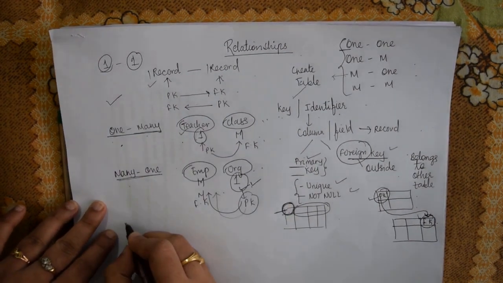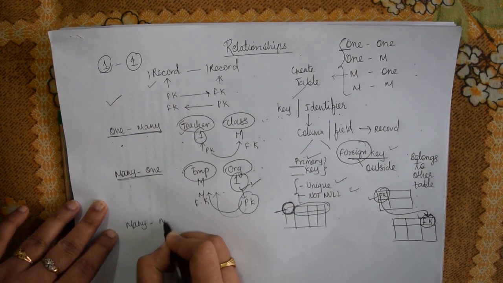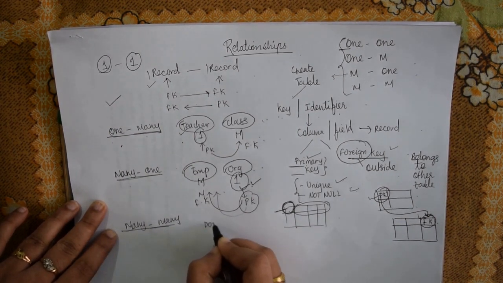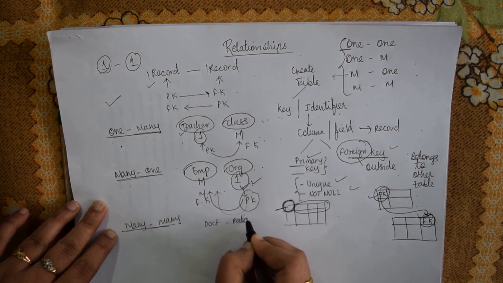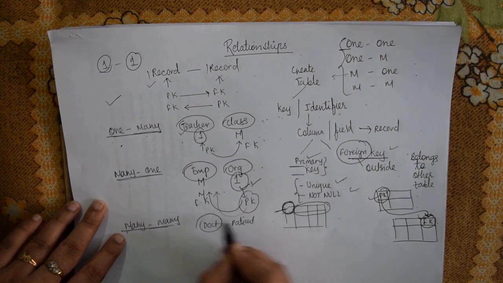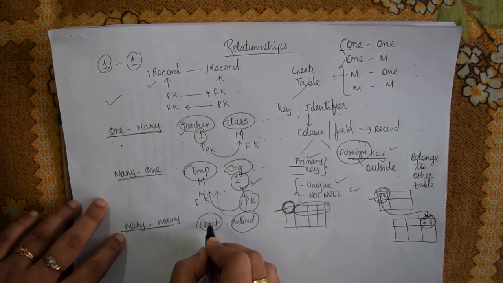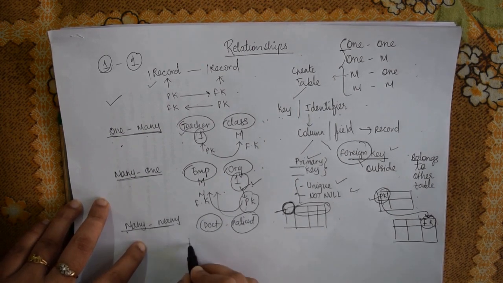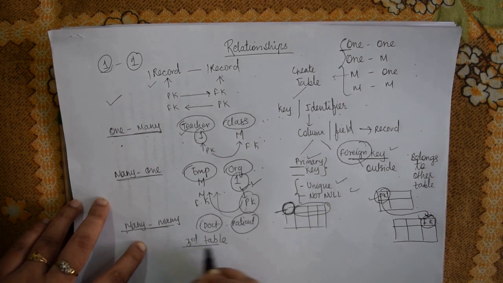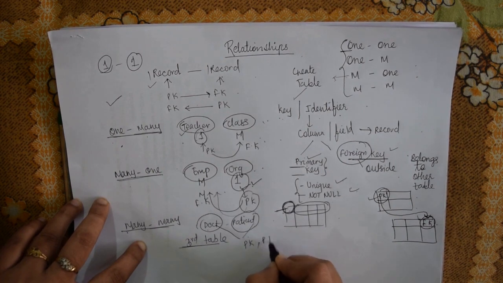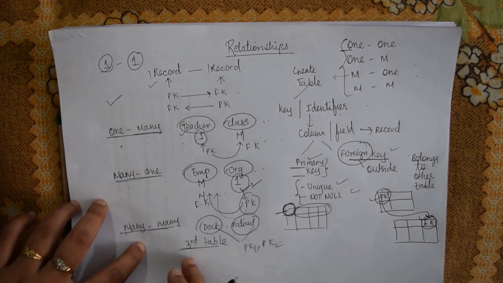Now next is many to many. So whenever there is many to many relation, for example doctor and patient, many doctors can treat many patient, correct? So you will create both the tables as it is with the given attributes, okay, first table and second table, and you have to create one more table, that is your third table, and this third table will contain primary keys of both the tables as a foreign key, correct?